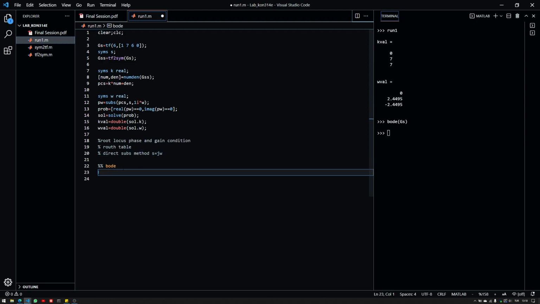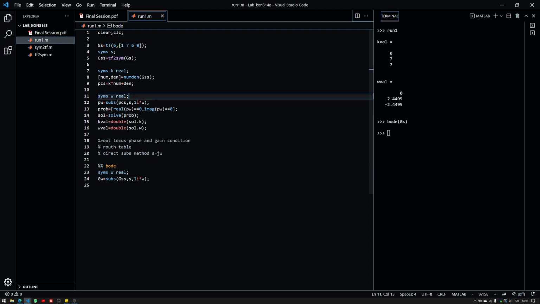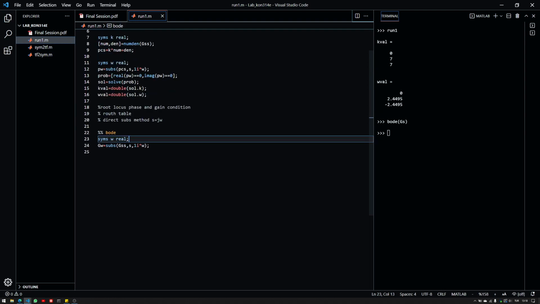But yeah, now we have G(s), and let's plug in s equals j omega. Of course, let's define omega real. Even though we have defined it here, let's reset it here.